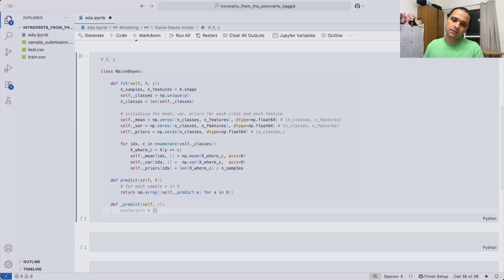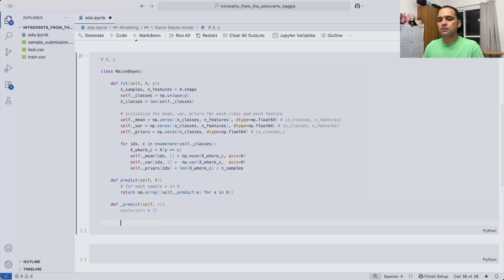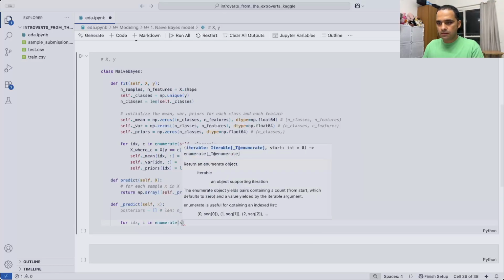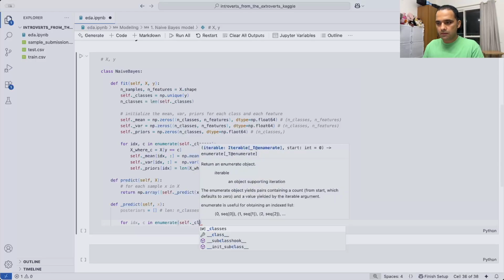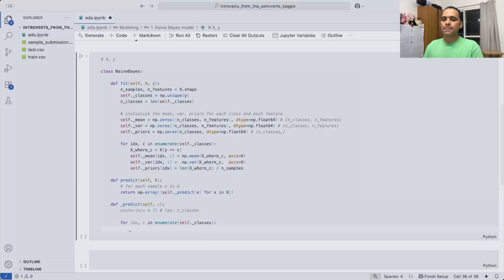So the posterior variable will show the probabilities for each particular class. This should be of the length number of samples and classes for each sample, right? So now let's iterate on the classes.